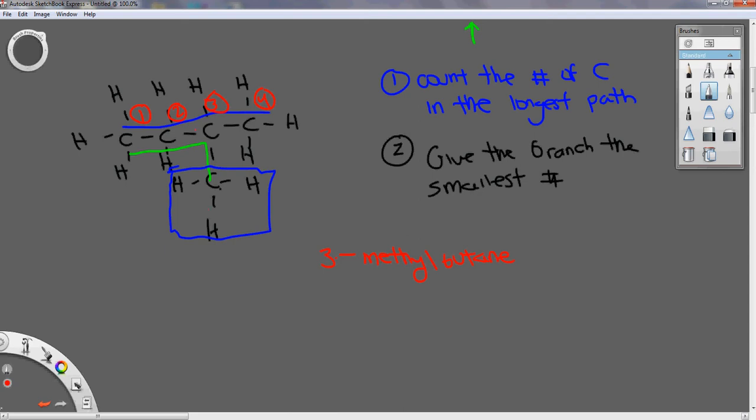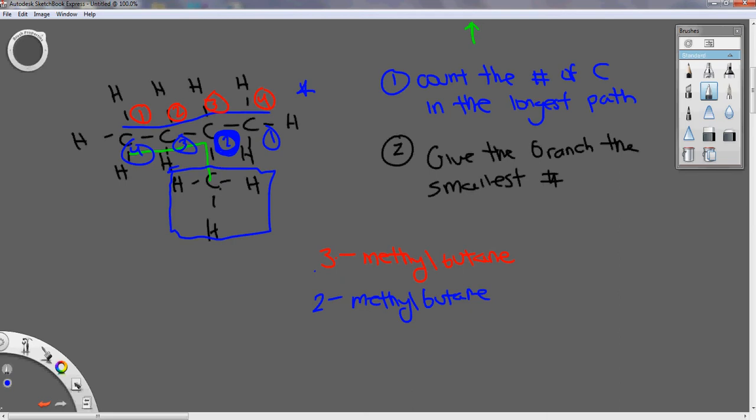Alright, but let's see what would happen if we had numbered from the other side of the path. So from here. So we count 1, 2, 3, 4. Alright, in this situation, the branch is off the number 2 carbon. So its name would be, remember the hyphen, 2-methylbutane. Alright, so which name is the correct name?